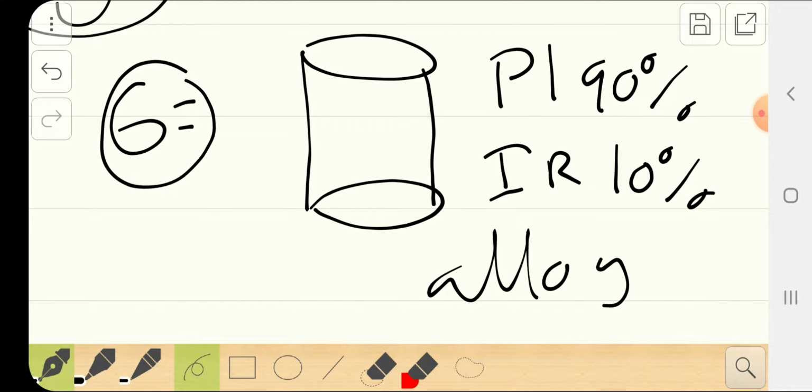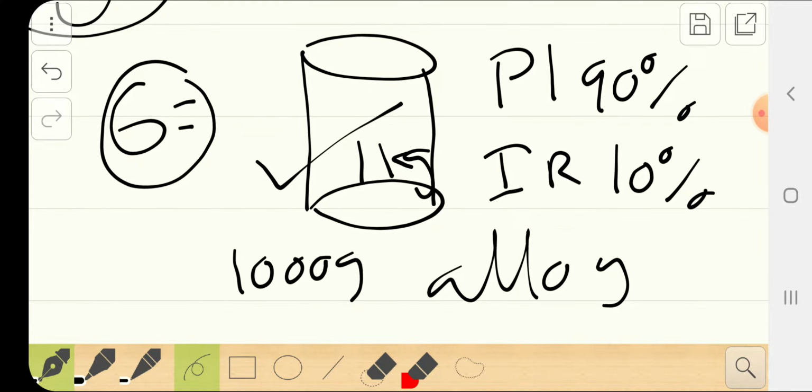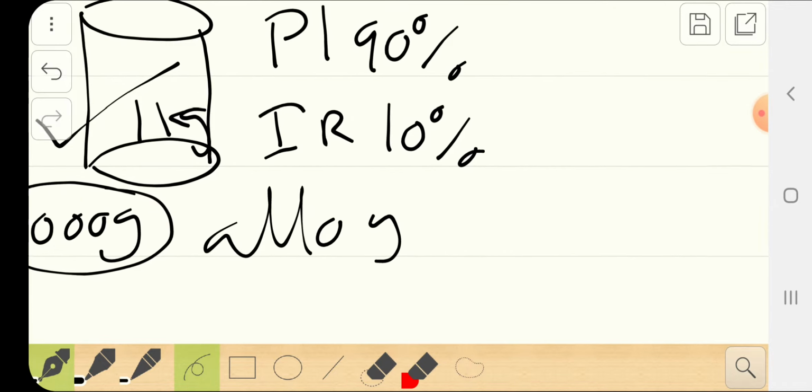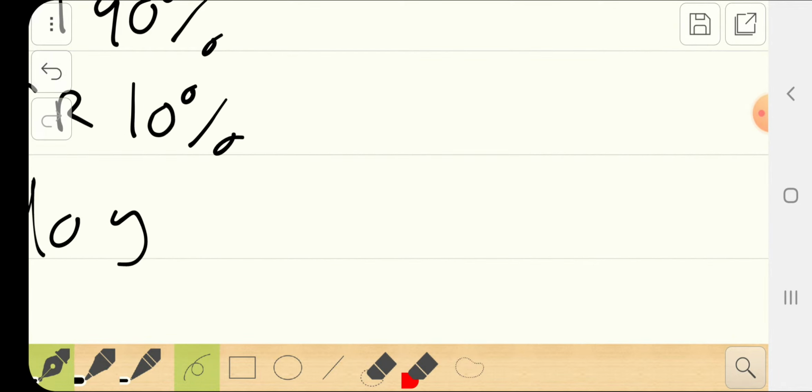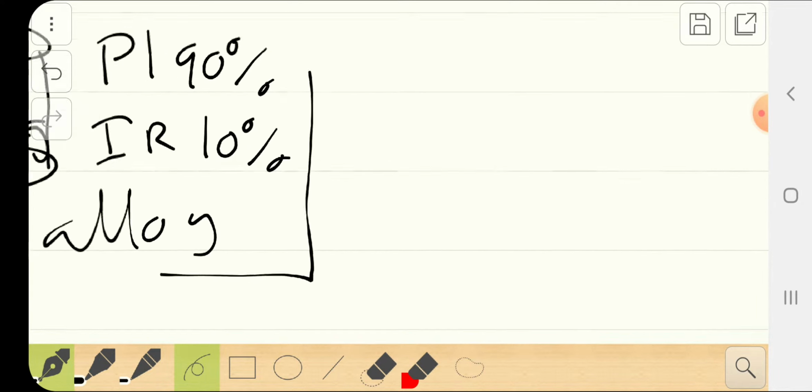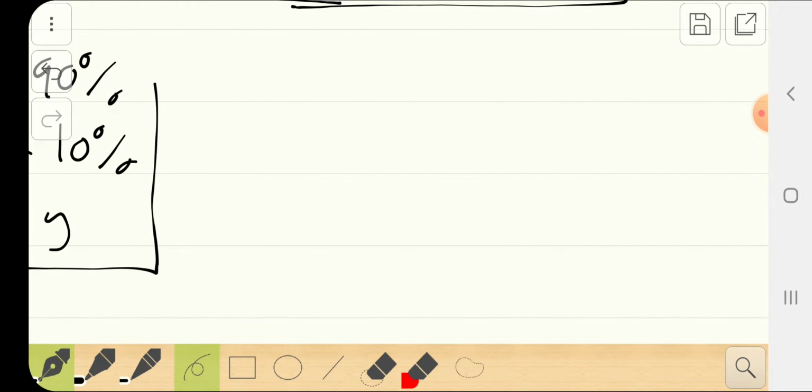So this is the standard measure of SI for 1 kilogram. So this is 1 kilogram universally. So if you compare your 1 kilogram with this platinum iridium alloy, you get 1000 grams, right? That's 1 kilogram. Now that's how SI keeps the standard mass. SI keeps the standard mass using that principle.